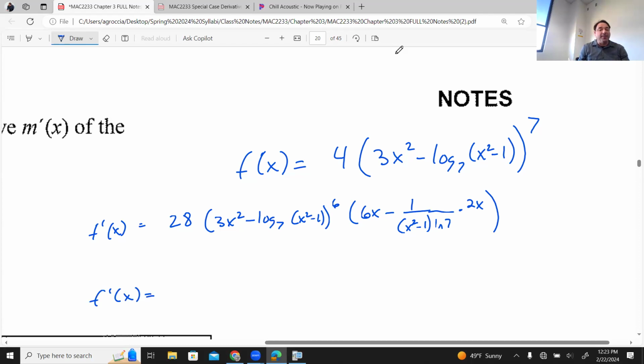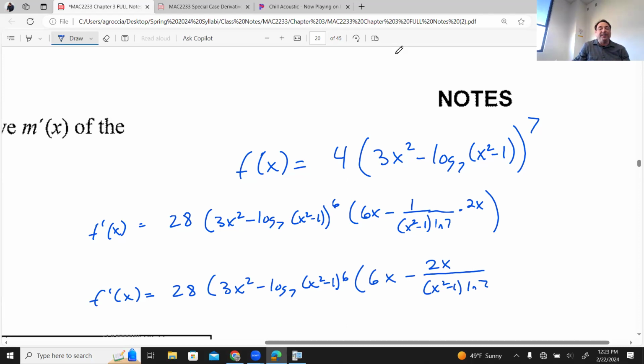I'm actually not going to clean it up that much. I'm going to leave the 28 there. I'm going to leave the original there. Here, I'm going to put 6x minus 1 times 2x is 2x over x squared minus 1 ln of 7, and I'll probably just leave it like that.